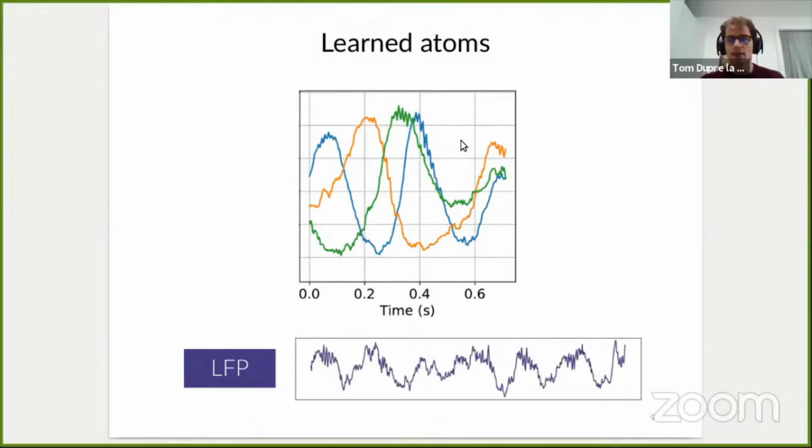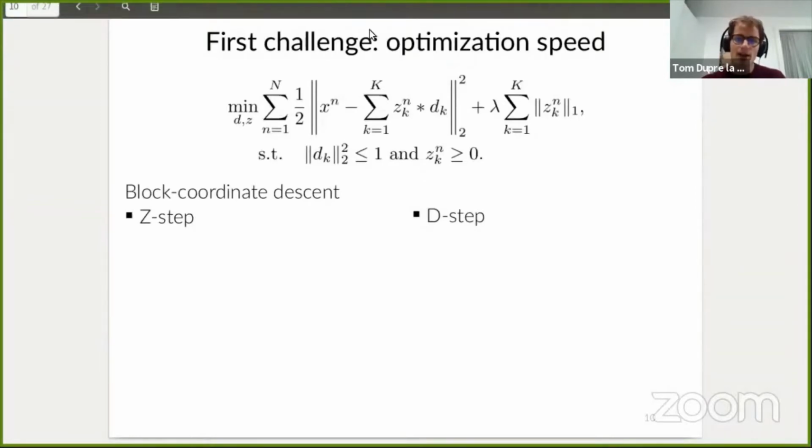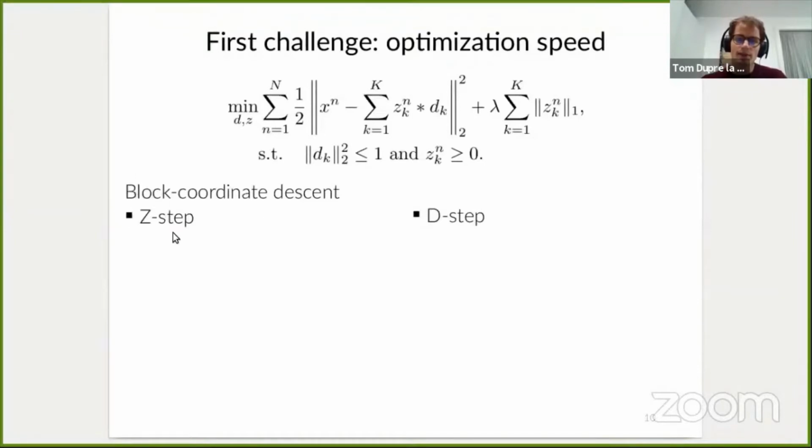Based on that, we explored 3 different kinds of challenges that we had to face when using these models. The first challenge, I will go extremely quickly, is optimization speed, because this problem takes a bit of time to converge. To mention quickly, the way we solve it is to alternate between solving for Z and solving for D: solving for the activations with a fixed dictionary, and solving for the dictionary of atoms, of patterns, with fixed activations.